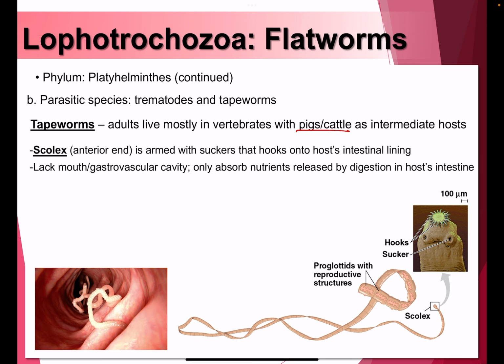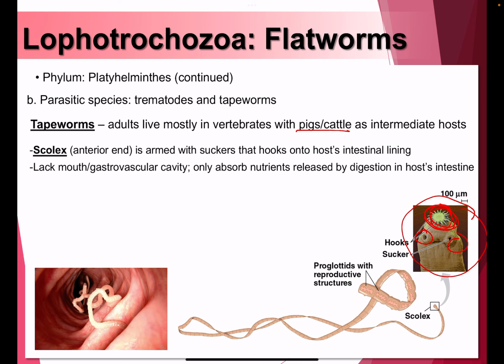In terms of their anatomy, they have a scolex at the anterior end that looks kind of scary like that. At the very front of the scolex, there are suckers and hooks. The two suckers suck the nutrients out of its host, and the hooks make sure it goes into your tissues, into your intestinal lining, and attaches itself there.